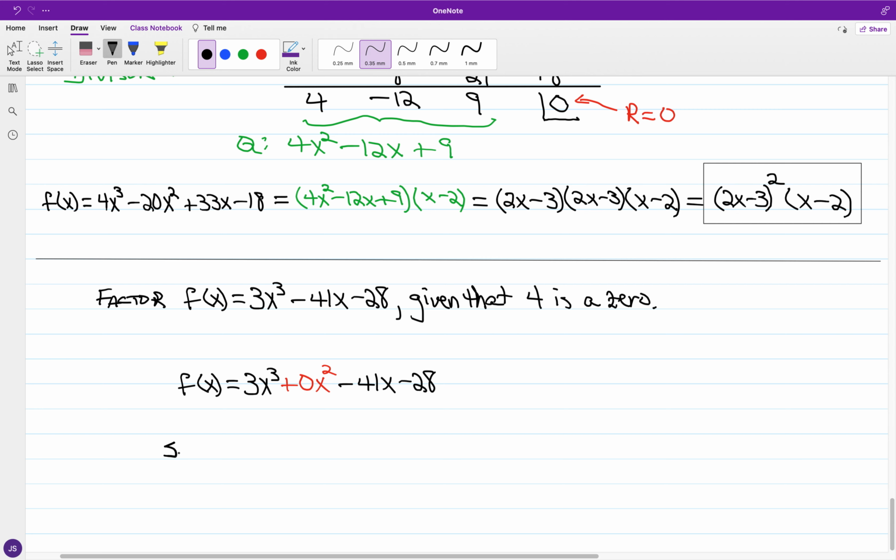So again, utilizing synthetic division, 4 is a given 0. For the coefficients of the polynomial dividend, you got 3 for x cubed. Again, we have the placeholder 0, signifying that a squared term is missing. We've got minus 41 for the x, and negative 28 for the constant.